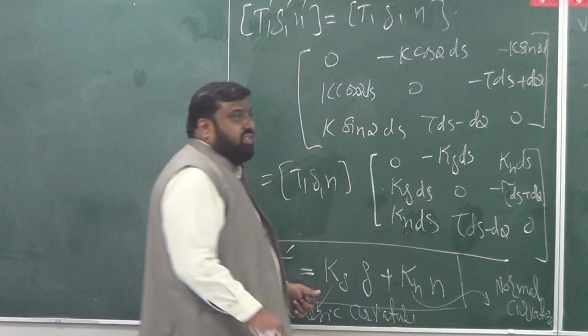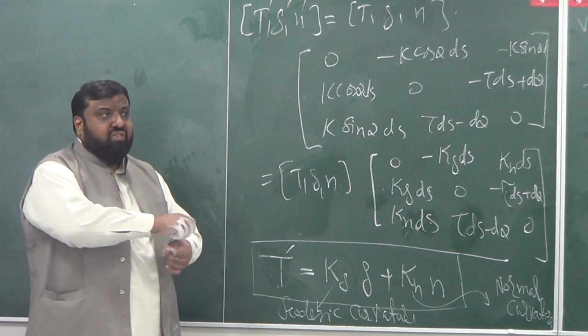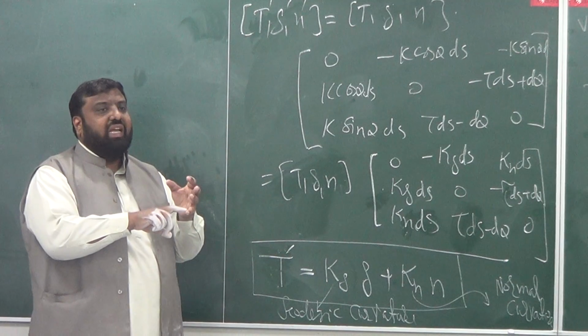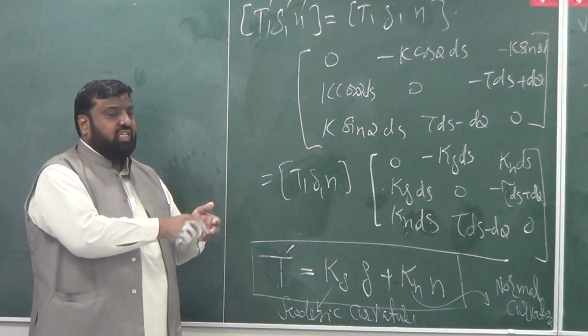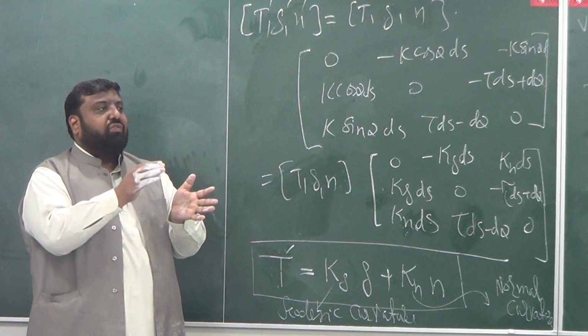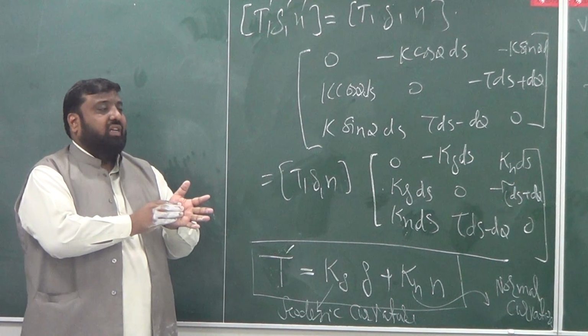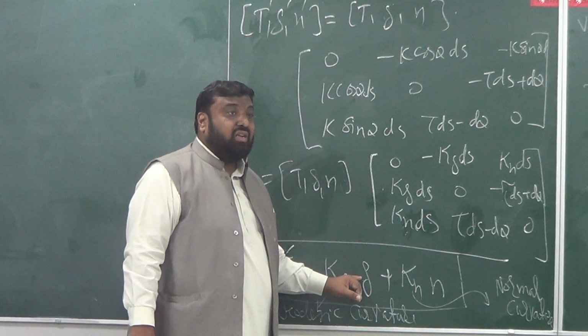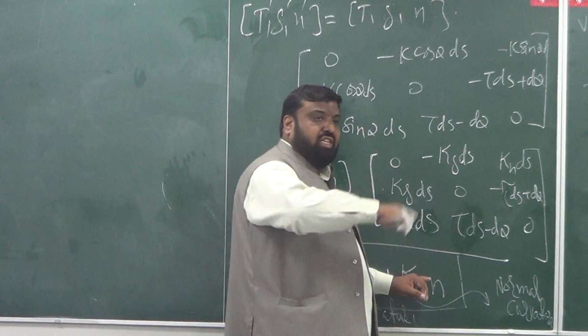So in other words, if you are moving on a curve on a surface, there can be two things responsible for your curvature. Number one, the curve itself, and number two, the curvature of the surface.